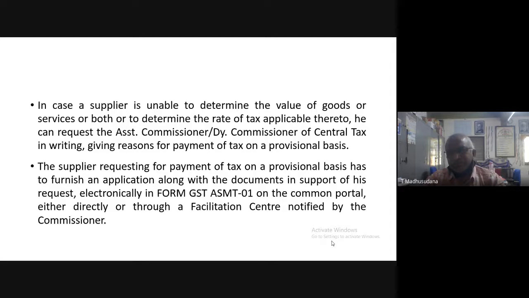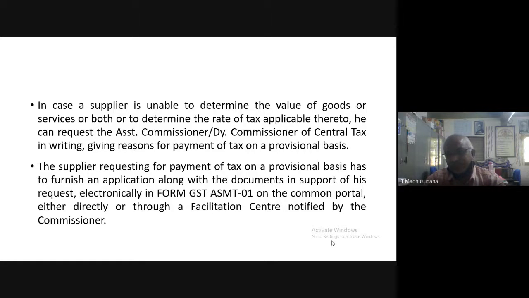So the provisional assessment process starts with a request from the assessee, or the supplier.